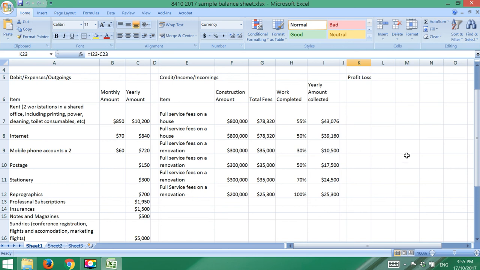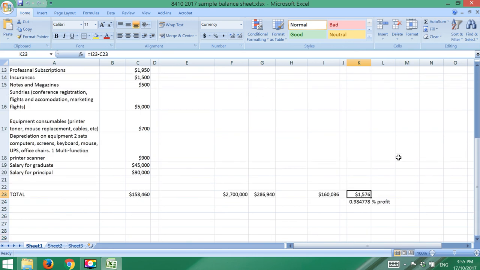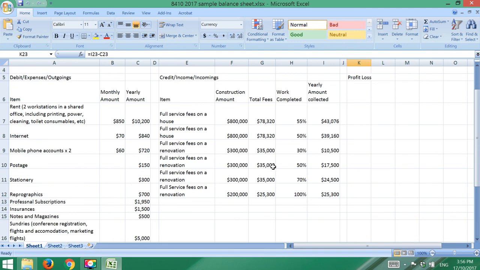So really what it means is that in order to make 1% profit, which is fine for people starting up, because your aim is really just to try and break even, you have to have $2.7 million worth of construction on your books.